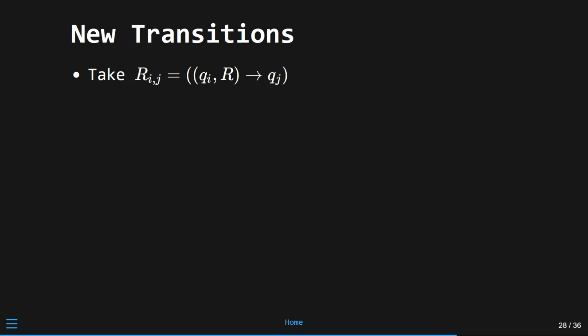I'm going to say Rij is the language on the edge from state i to state j. That's just a way of referring to the edge label.